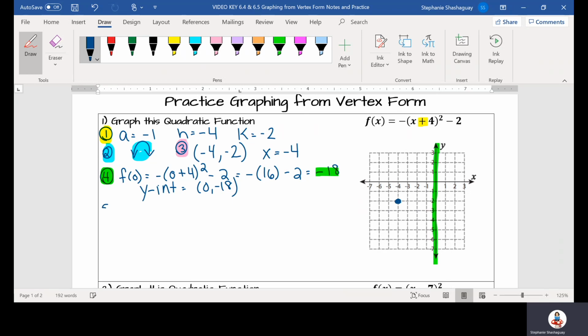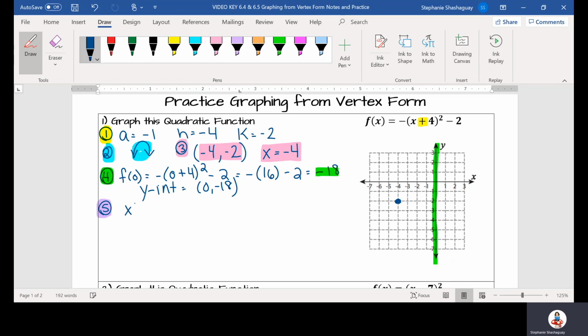So step 5. We're going to use a table this time instead of solving by square roots. And we can always use a table to graph. I told you that 2 weeks ago before spring break. We can always use a table to graph. And we're going to use our axis of symmetry, our vertex, to help determine the values in our table.